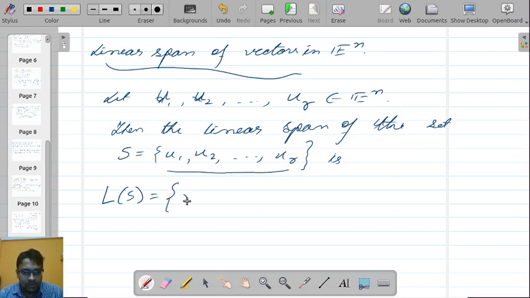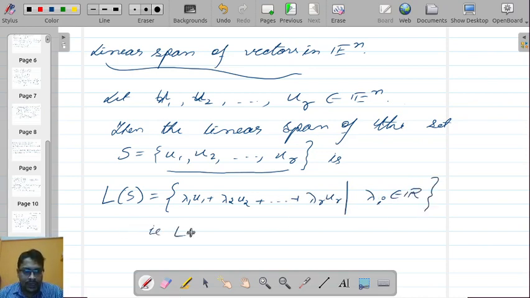So LS equals lambda 1 u1 plus lambda 2 u2 plus dot dot dot up to lambda r ur, such that these lambda i are scalars, right?